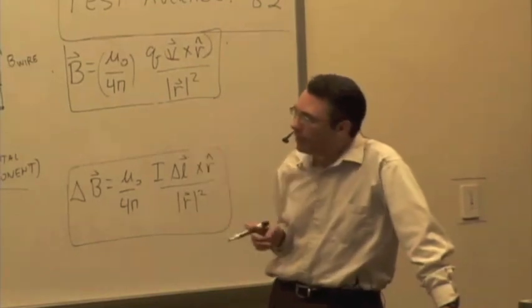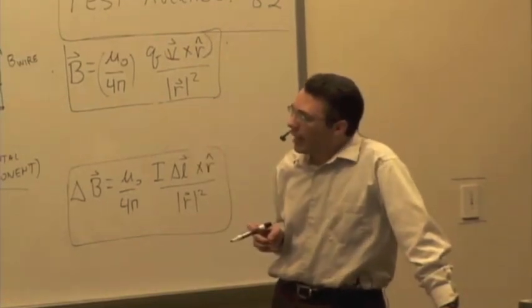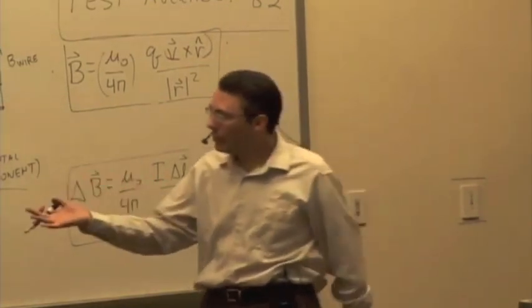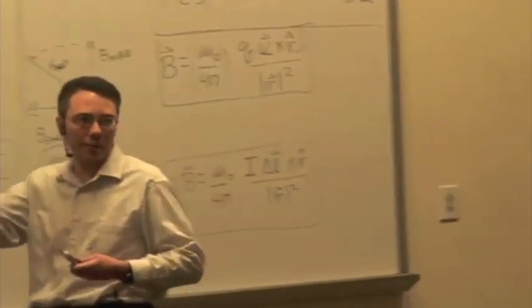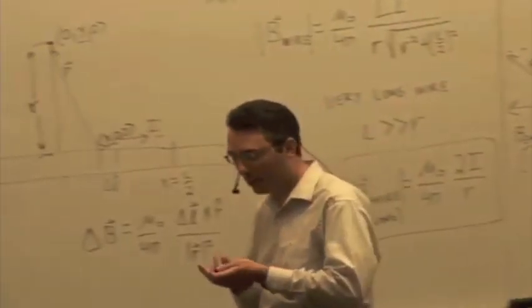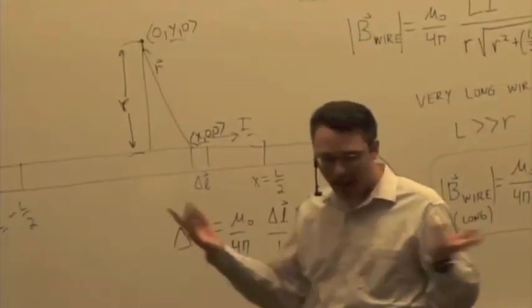Okay, so the geometry is kind of similar. But we have a nice formula for the magnitude. The direction then would come from the right-hand rule, and you should be able to then predict what the vector would be at a particular location.